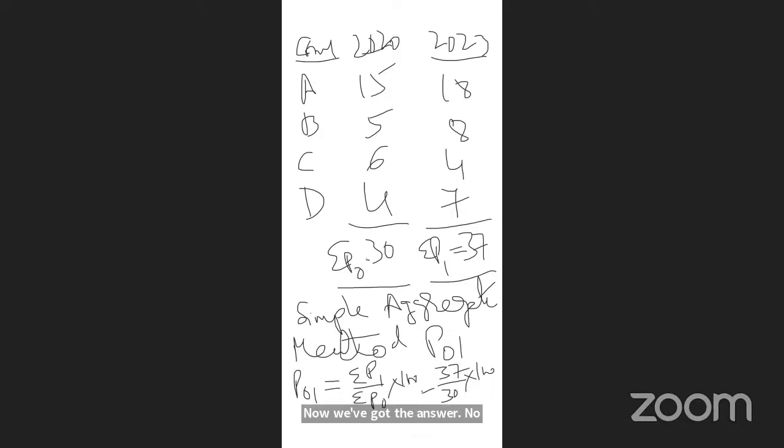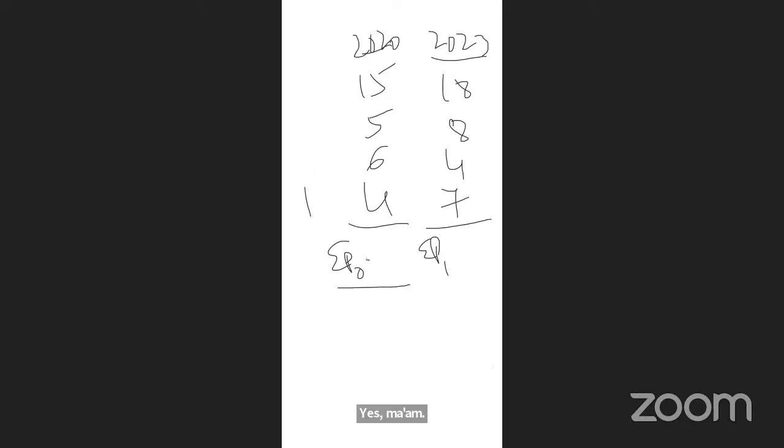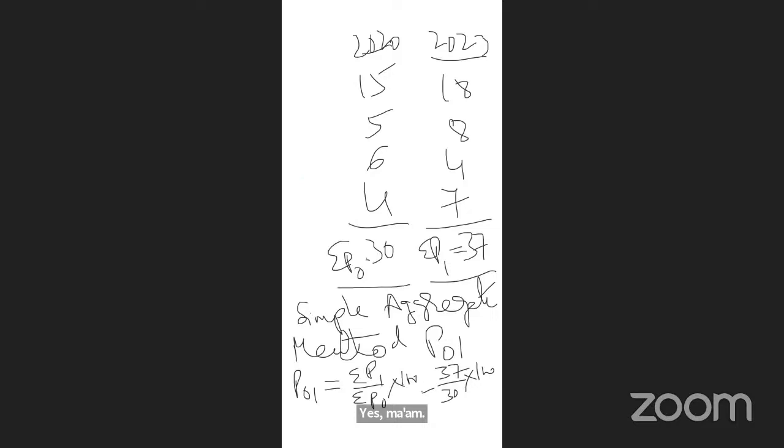Now, this is one method of working out. Let us work out another method. Shall I work out the other method? Yes, ma'am. So now I'm removing this commodity. Now I'm writing here P1 divided by P0 into 100.